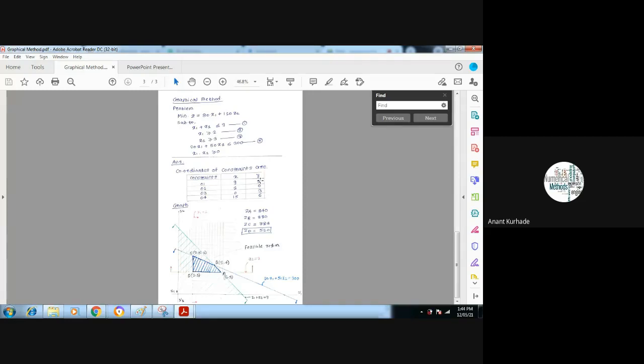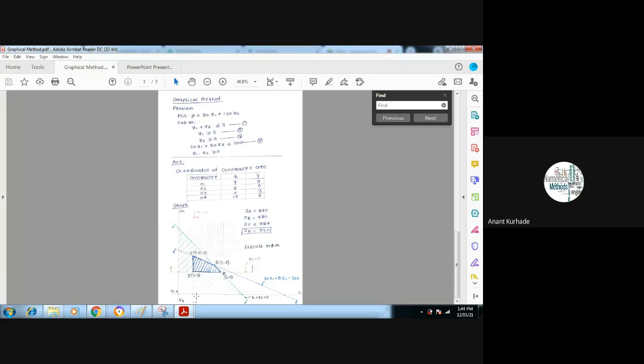So here you can change the units. You can write here 1 mm is equal to 10 parts. That 10 means I have considered as 1 unit.